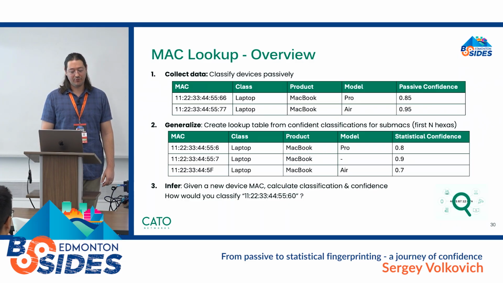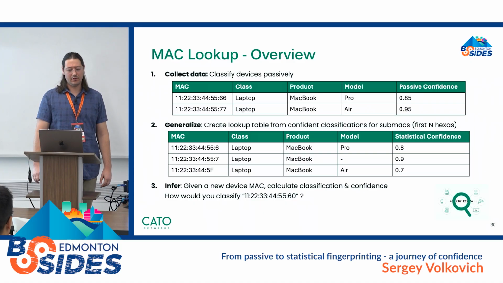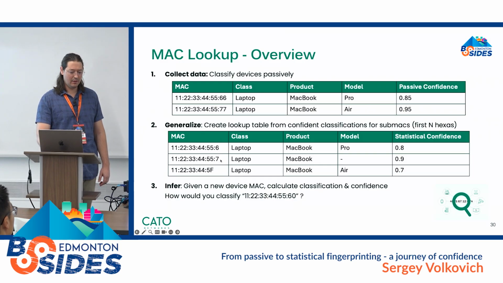The lookup file will be used for lookup, for a search. We will base it on the first few hexadecimals of the MAC. I will call this sub-MAC. As you can see on the left column, we use a sub-MAC length, for example, of 11 hexas, ending with 6 and 7.